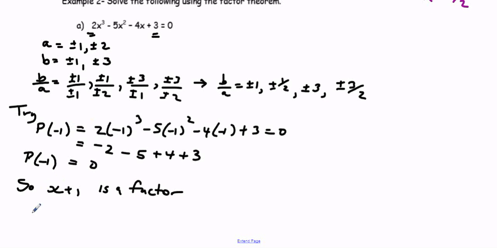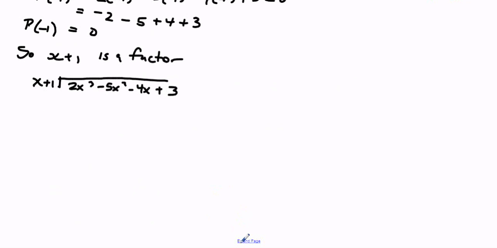So we've got x plus 1, and we're going to divide by 2x cubed minus 5x squared minus 4x plus 3. All right, here we go. I wish I had more room. Let me just extend that.